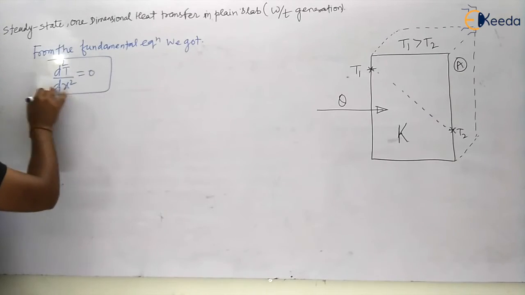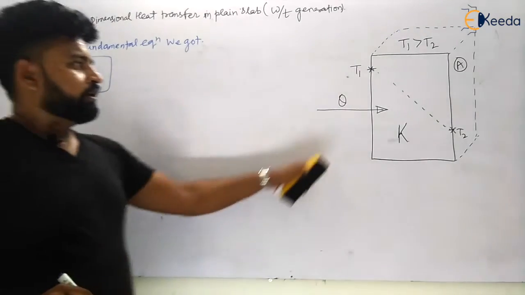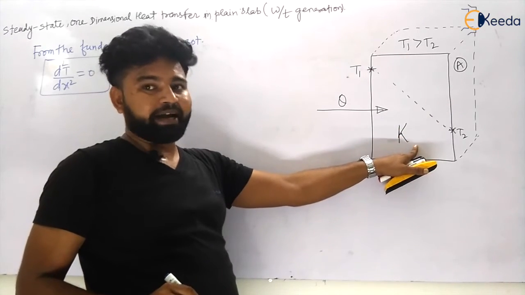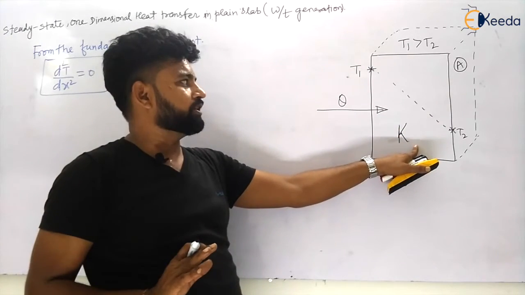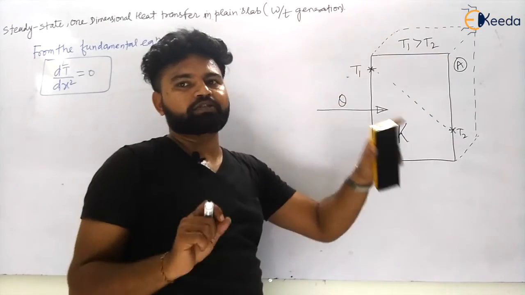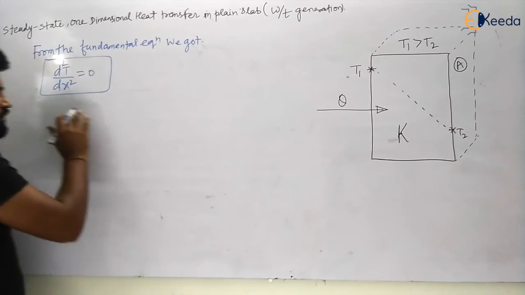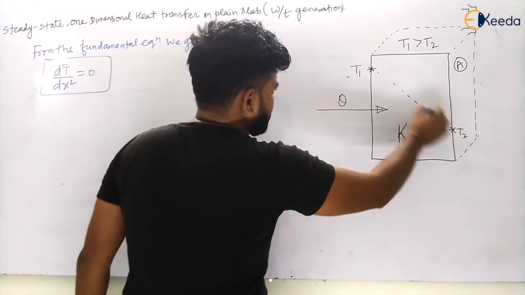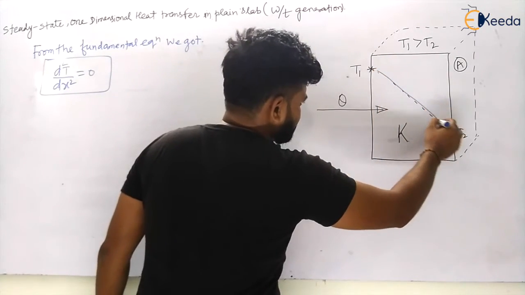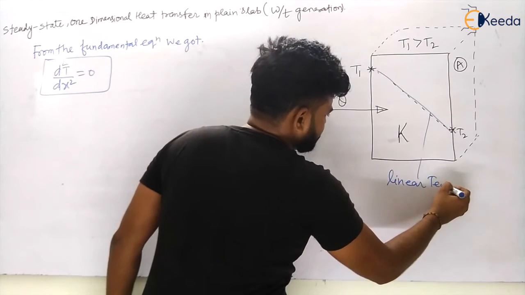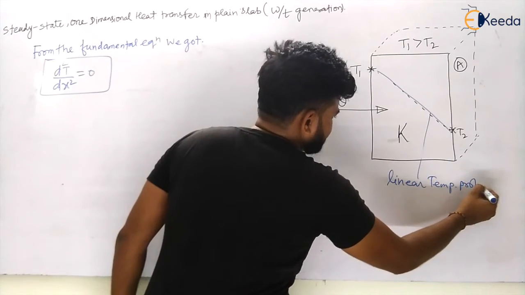Now one-dimensional heat transfer is there, conductivity is independent of temperature, and T1 is greater than T2. When I integrate this equation, I will have a temperature gradient. I am assuming that there is a linear temperature profile, and let us see how it will come.